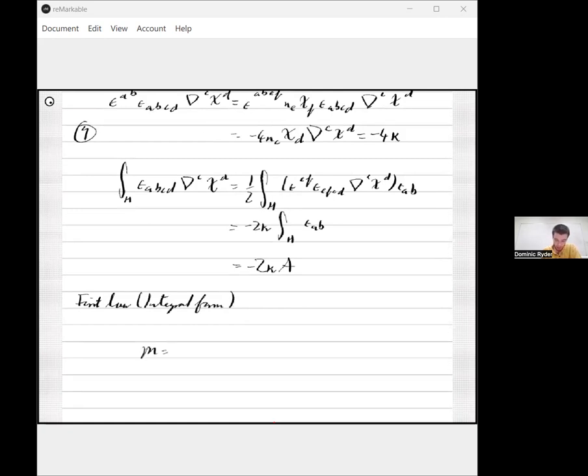M equals, let me start early on to make sure I fit it all in.